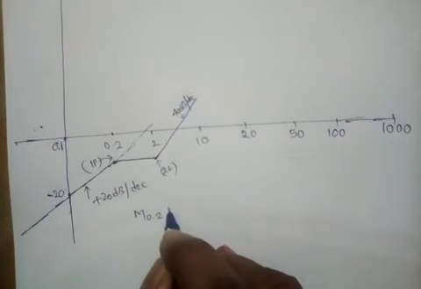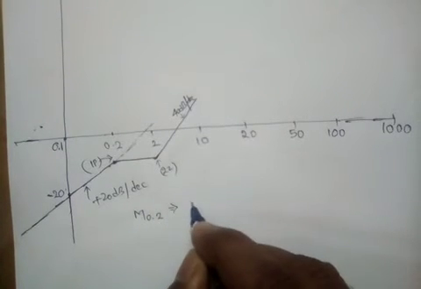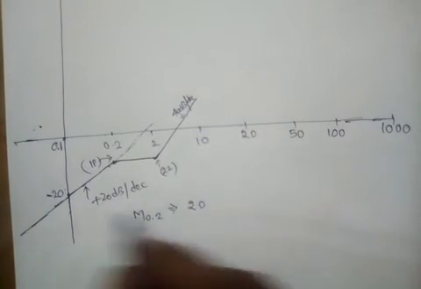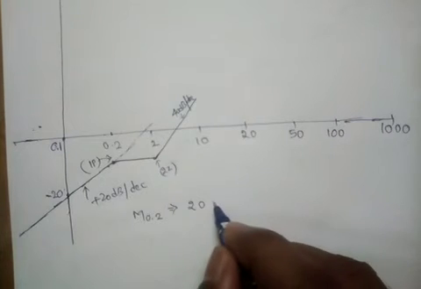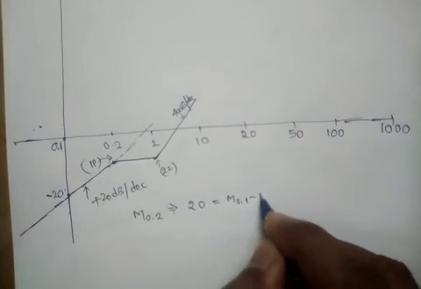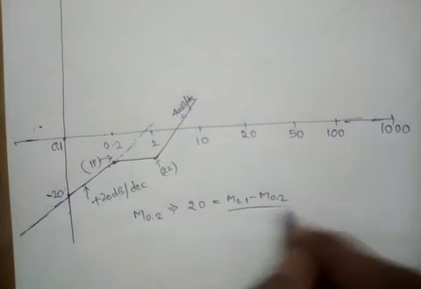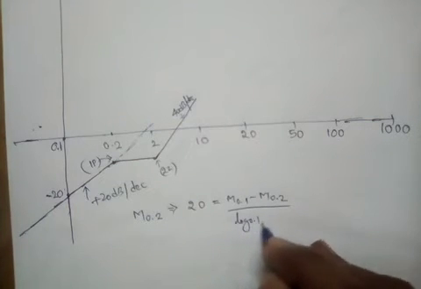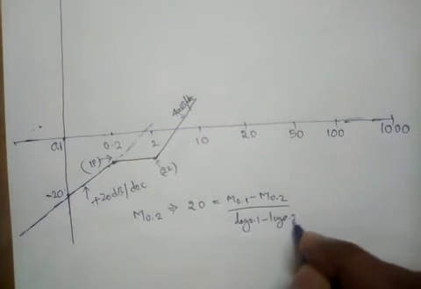Magnitude at 0.2: slope is equal to magnitude at 0.1 minus magnitude at 0.2 over log of 0.1 minus log of 0.2.